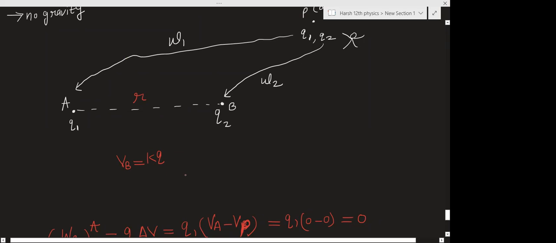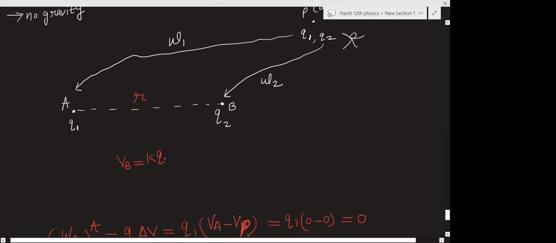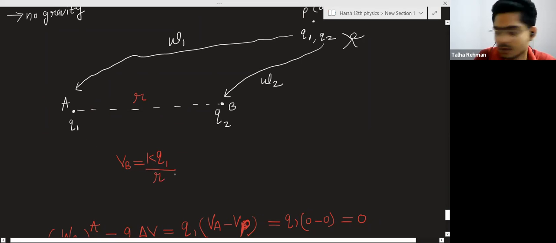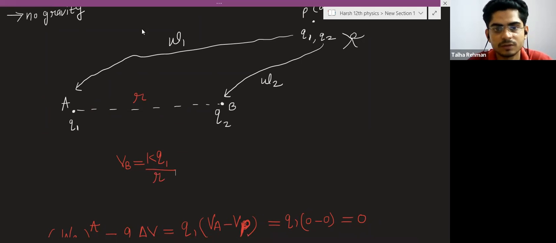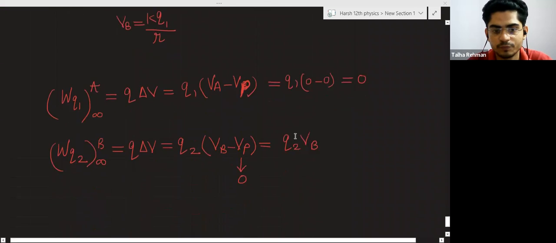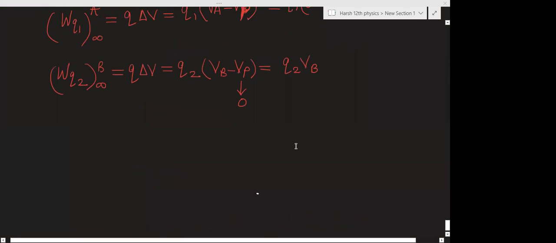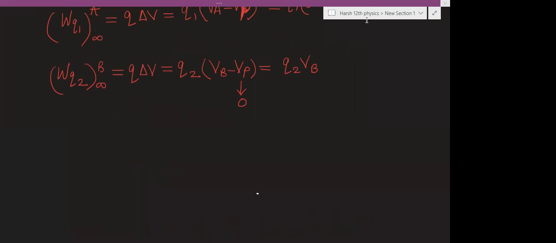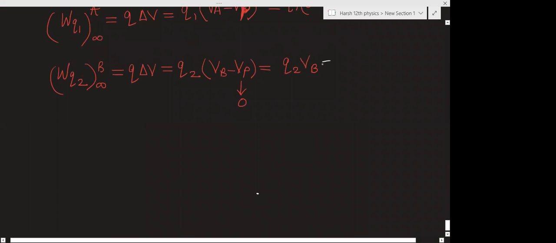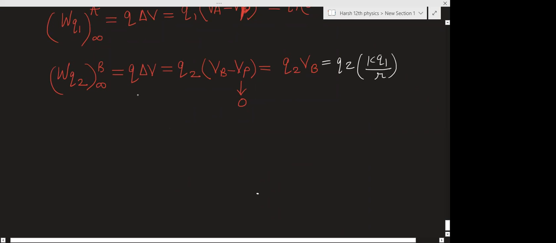No, wait. The potential is due to this charge, so we take Q1. Q1 divided by R. So we will simply put the value of VB here: KQ1 by R. This will be Q2 and we have KQ1 by R. So it will be KQ2.